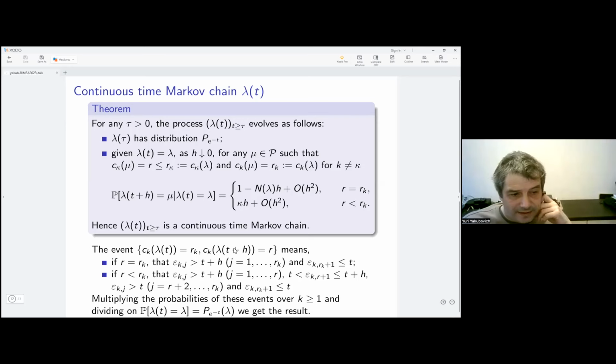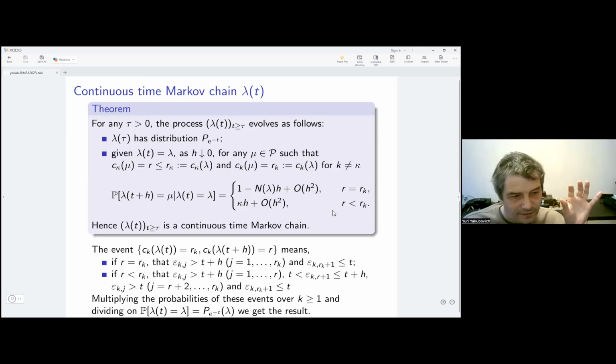And to see this formula is quite easy. If mu is lambda, then it means that all these exponential random variables are bigger than t plus h, for all k.